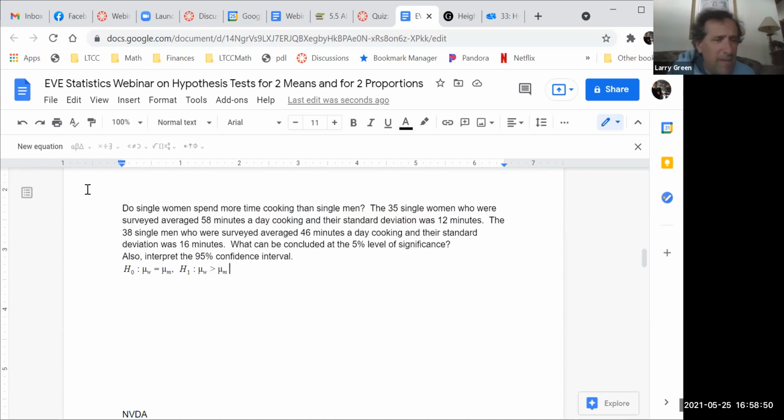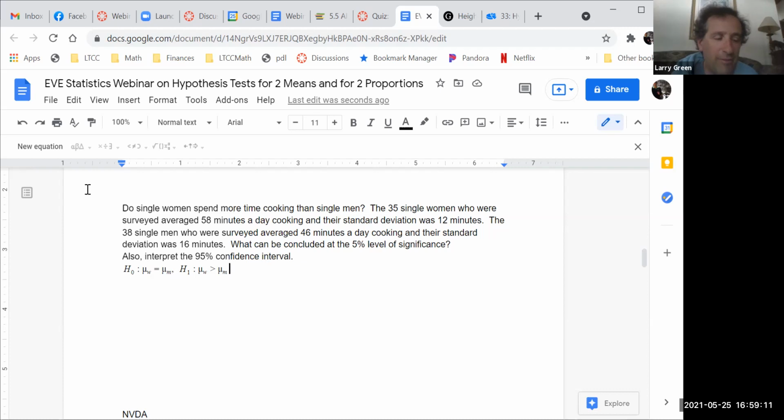Now I want to mention something very important for this chapter. This is 35 single women, 38 single men. They don't have anything to do with each other. That first woman has nothing to do with the first man. Do you agree? It's just a group of women and a group of men.